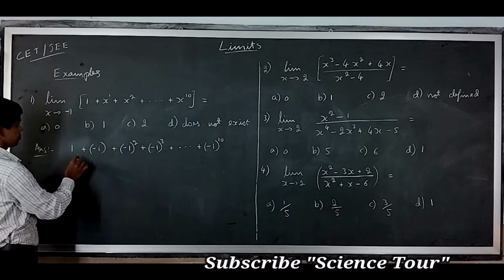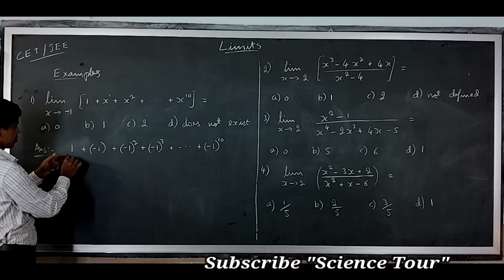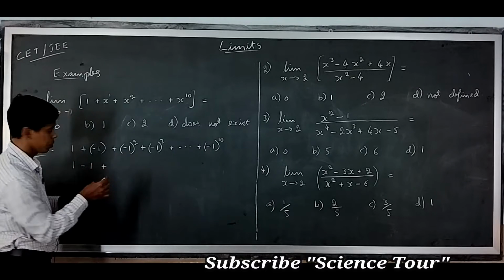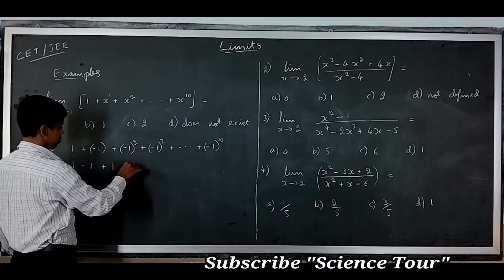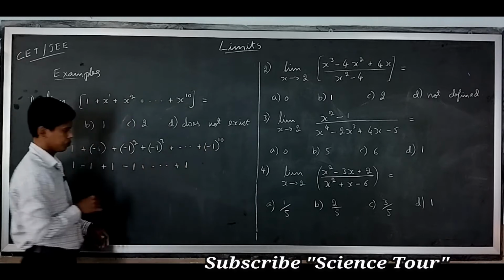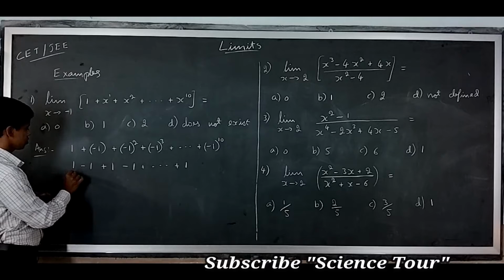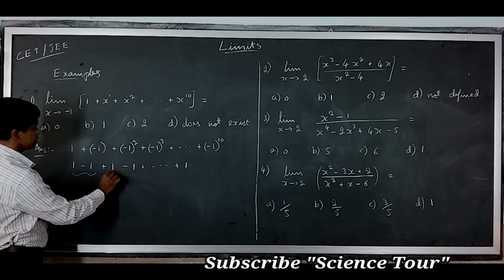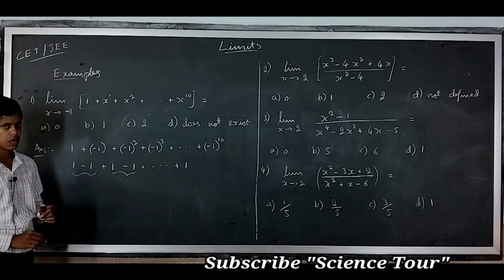So first, this will be plus 1, I'll write that, and this is minus 1, and then plus 1. Correct? So the first two terms cancel, and the second two terms also cancel.